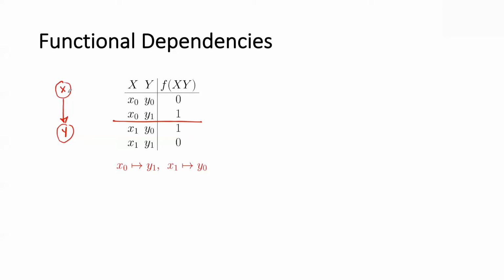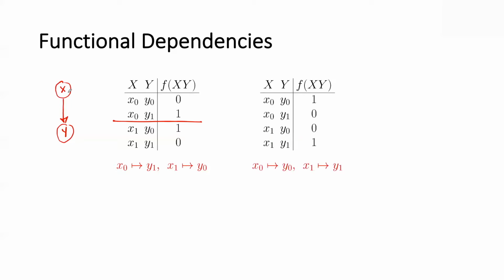Now, this functional dependency could be different. So this is another functional dependency for y being dependent on x, with different, deterministic distributions. In this case, the function maps x0 to y0 and x1 to y1. Okay, now here's an interesting concept.